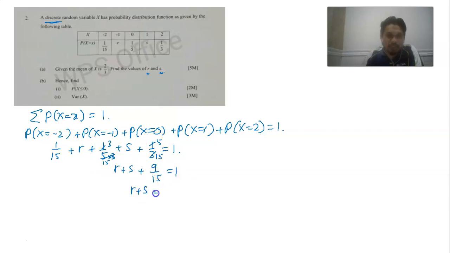So r plus s equals 1 minus 9 over 15. Just consider this as 15 over 15. 15 minus 9, r plus s equals 6 over 15, which is 2 over 5. So equation 1.